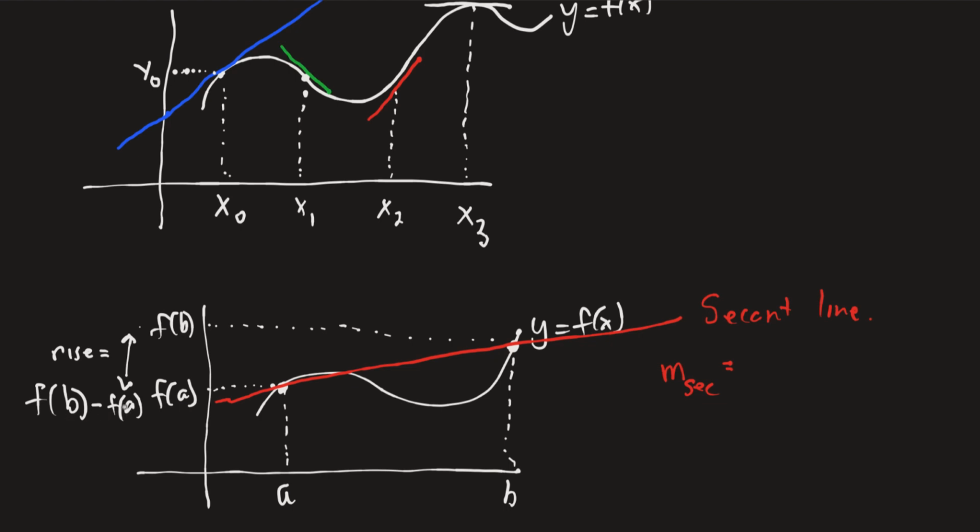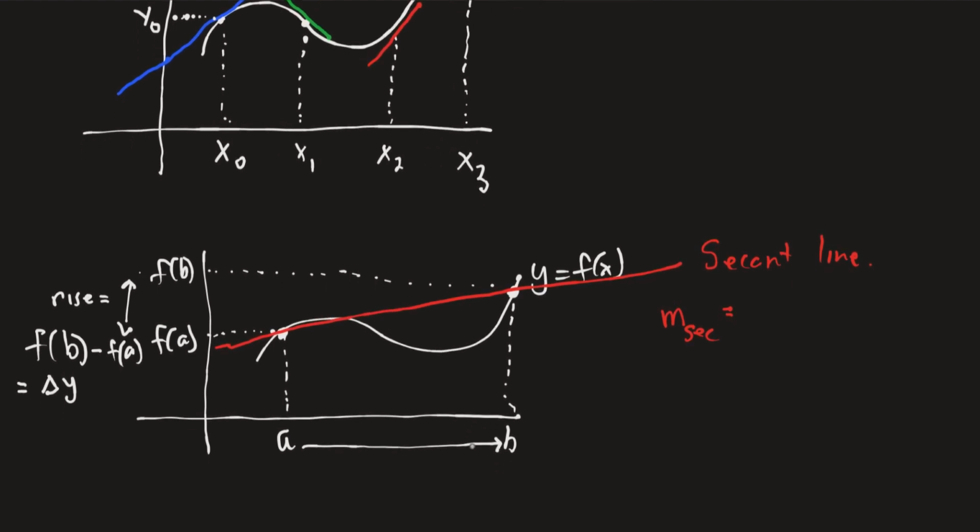Since this difference can also be interpreted as a change, it's often represented as the change in the y value, so delta y. Uppercase delta is typically used in math whenever you want to indicate a certain change, right? And then what is the run? Well, the run is that distance, and so this would be our run.